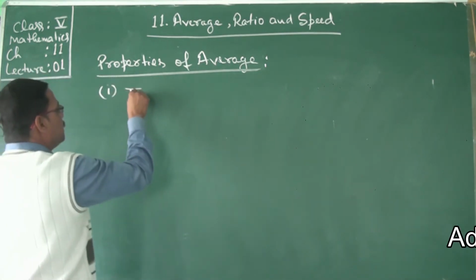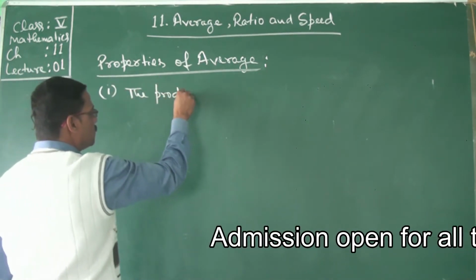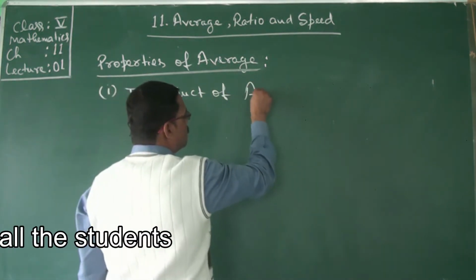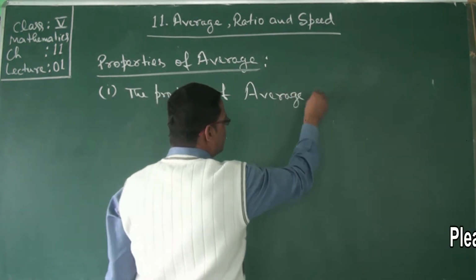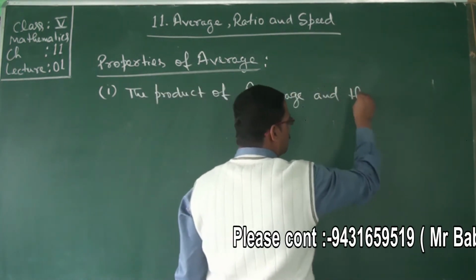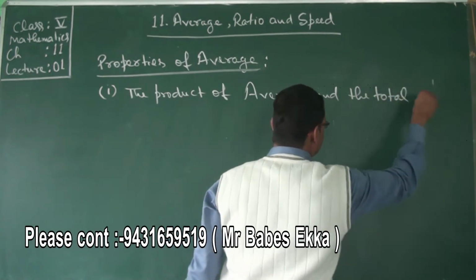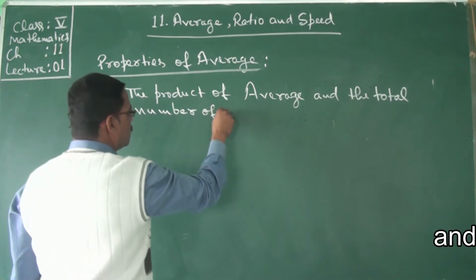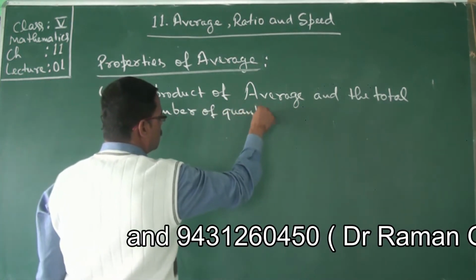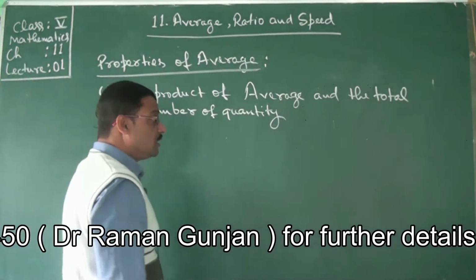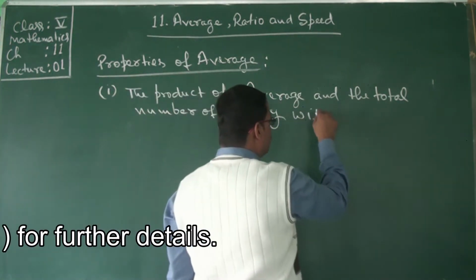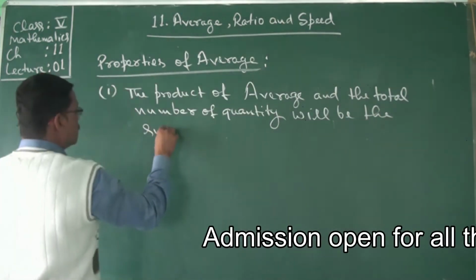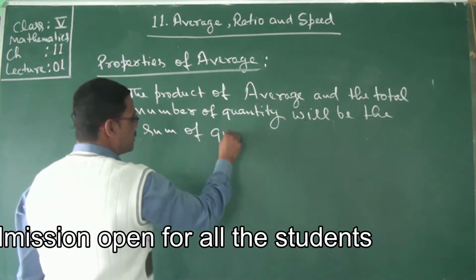So we can write the product of average and the total number of quantities will be the sum of quantities.